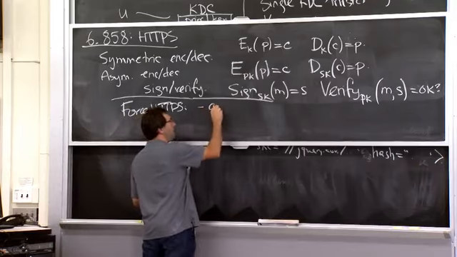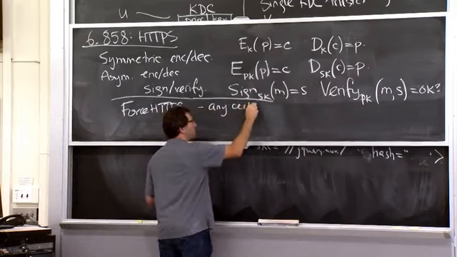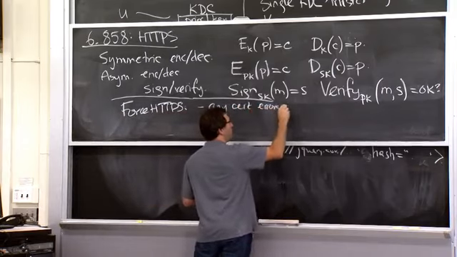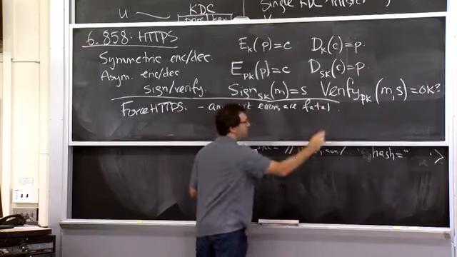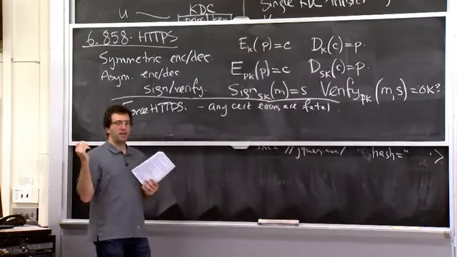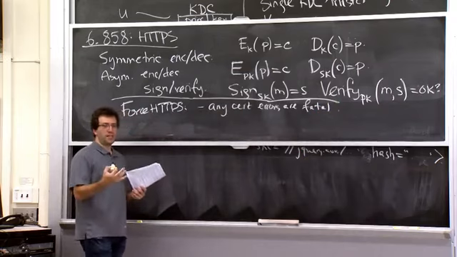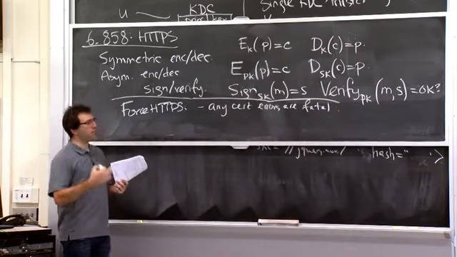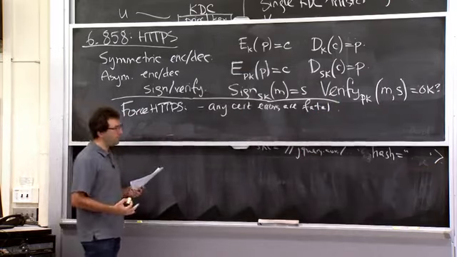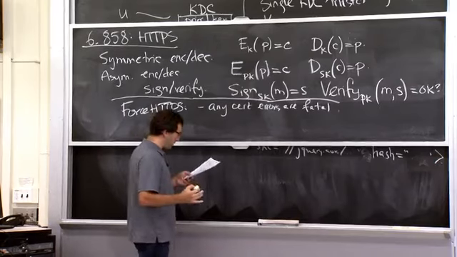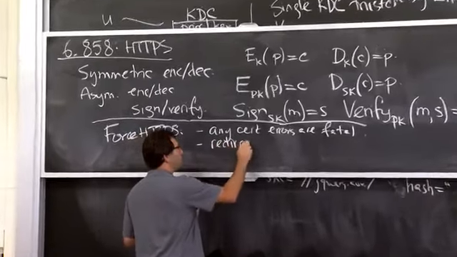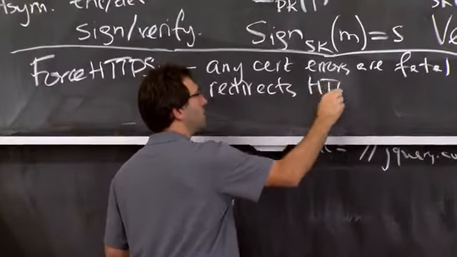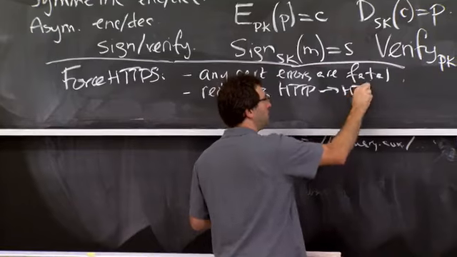Any certificate errors are always fatal. So the user doesn't have a chance of accepting an incorrect certificate that has a wrong host name or an expiration time that's passed, etc. So that's one thing that the browser now changes. Another is that it redirects all HTTP requests to HTTPS.